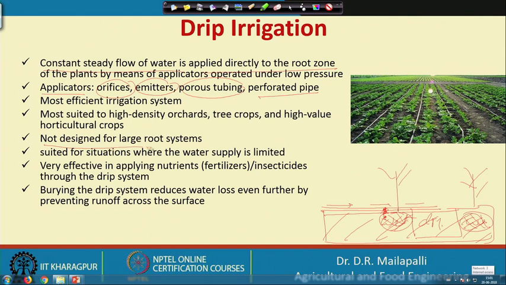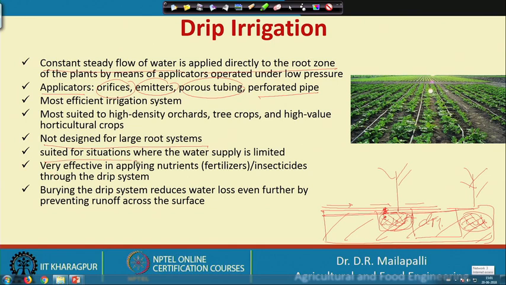This is not designed for large root systems, because you are applying limited water on the top surface, only what is required by the crop root zone. So deep-rooted crops are not suitable for drip irrigation.